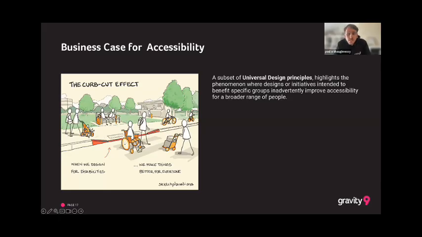It's very interesting to get the whole story. So this seemingly simple design that makes walking through streets more accessible for those with disabilities, and even those without, was so significant that the term curb cut effect was coined.